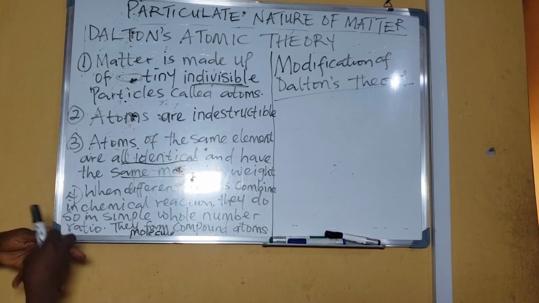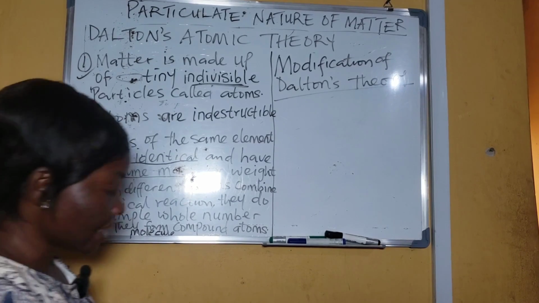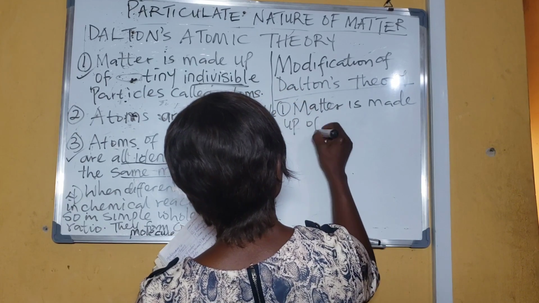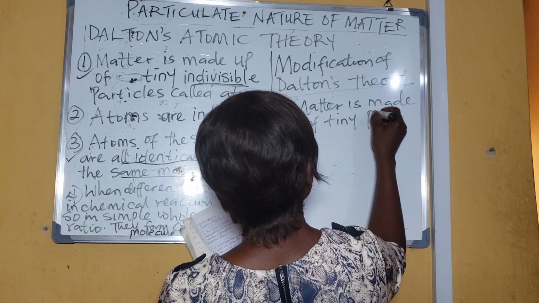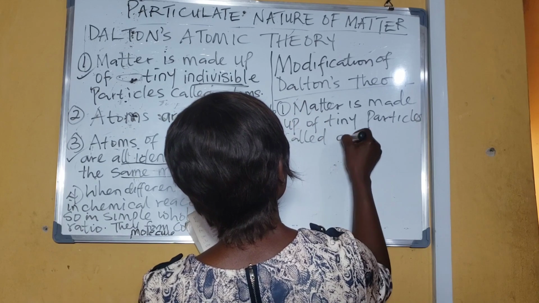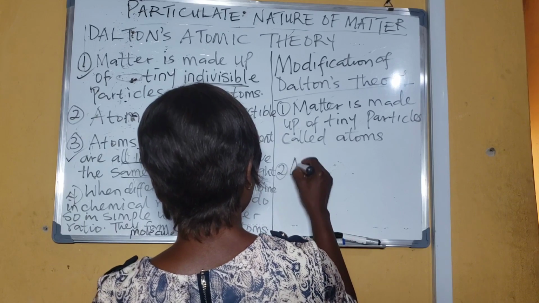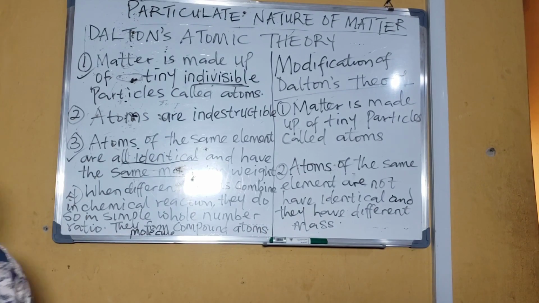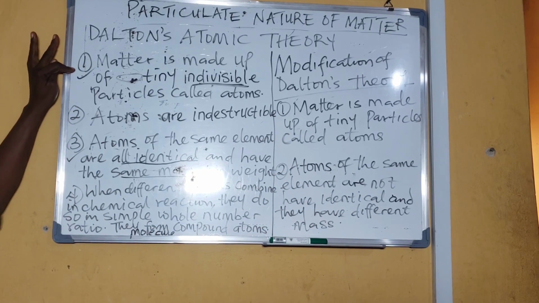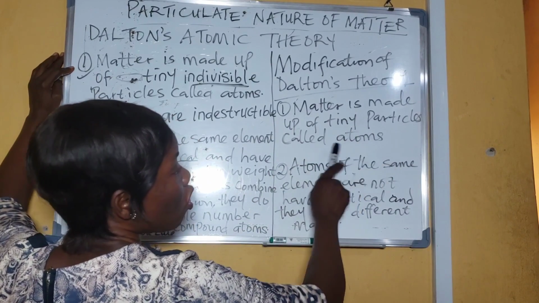two modifications. The first theory and the third one have been modified. Like I said earlier, theory number one has been modified thus: matter is made up of tiny particles called atoms.